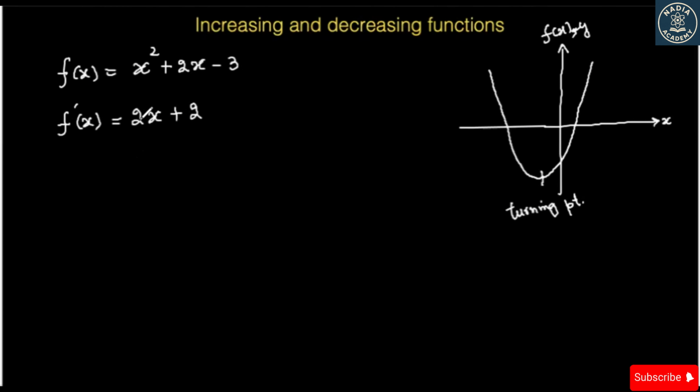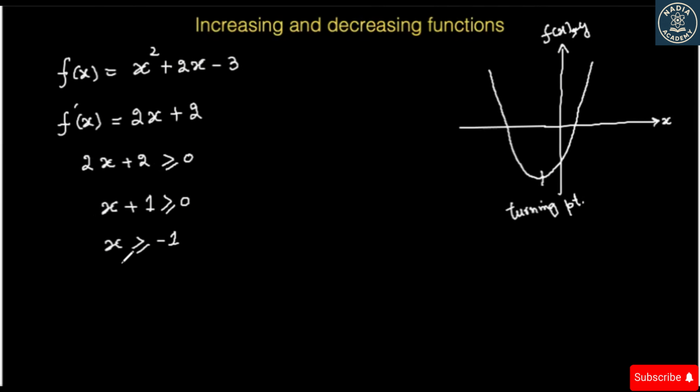Now if we take 2x plus 2 greater than or equal to 0, you can very easily see that x plus 1 is greater than or equal to 0. From this, you can see that x is greater than or equal to negative 1.